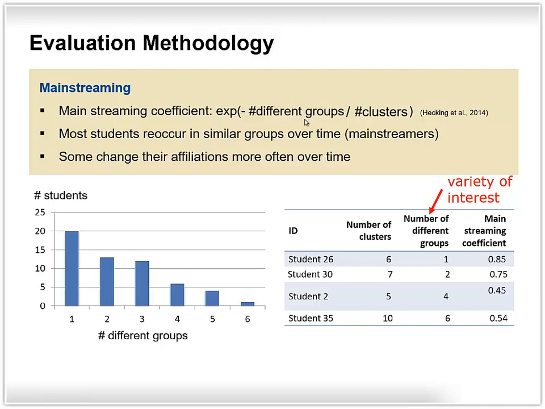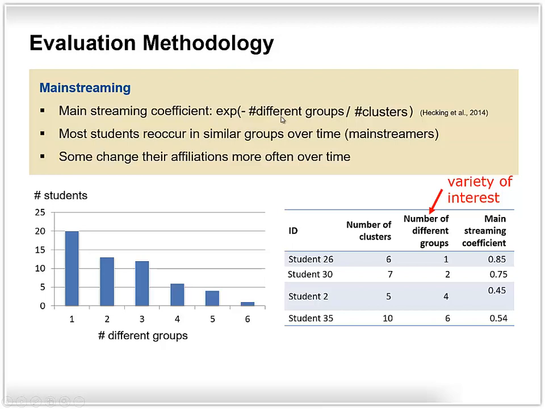We have seen the mainstreaming group, and this group may associate to different resource clusters. So if we have a variety of interest, in the sense of different perspective taking, we would indeed expect the student also to appear in different groups and not only relating to different clusters.